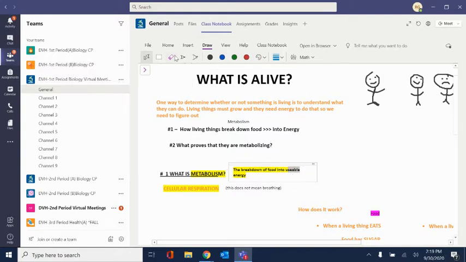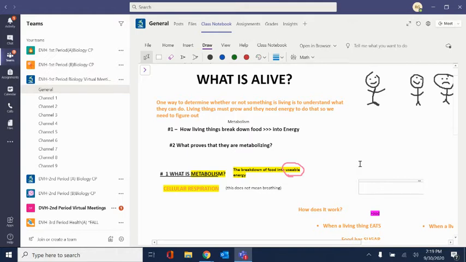I'm going to use my drawing tool here real quick. Into usable energy. It's very important that we highlight that word usable. When we eat, our food is not necessarily usable yet. We have to break it down into energy that we can use. And that is what we're going over right now.